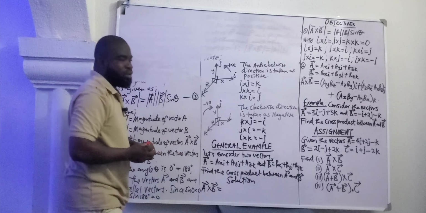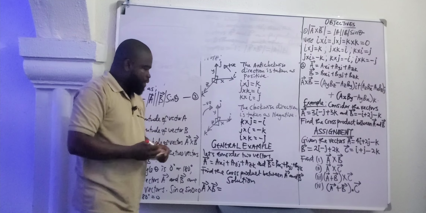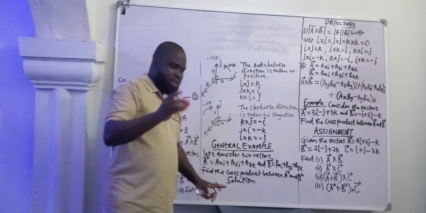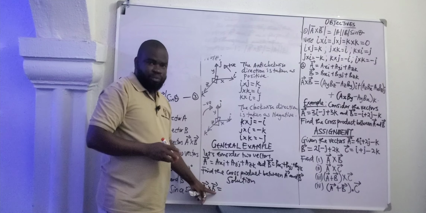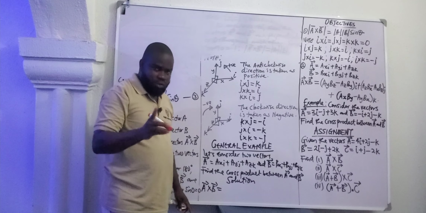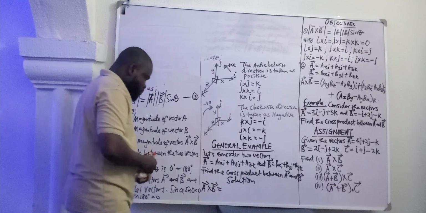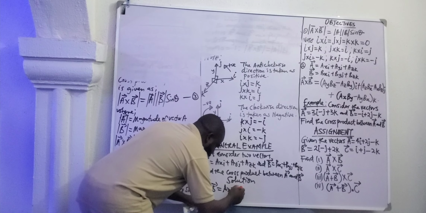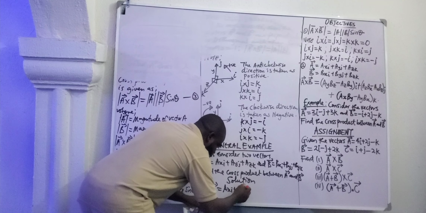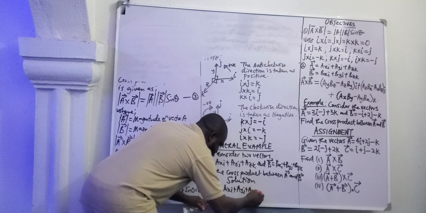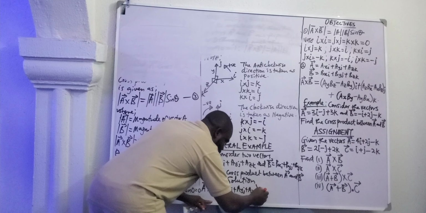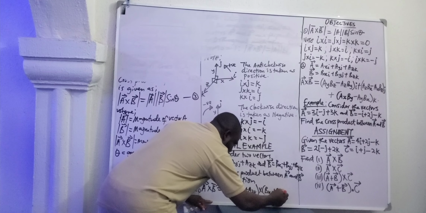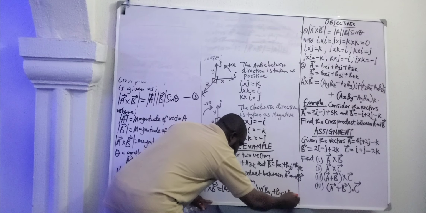Take note, in vector, order is very important. When they say vector product between A and B, A must come first before B. If you do B cross A, you will not get the same answer. So A cross B means AX i plus AY j plus AZ k cross BX i, BY j, BZ k.